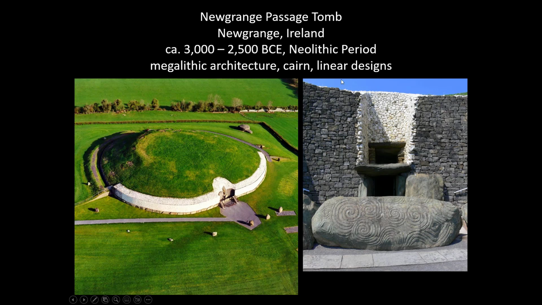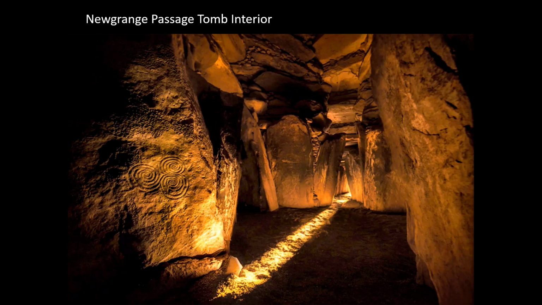So if I can show you, here's a detail of the interior. You can see the spirals replicated. Now, in terms of what these spirals mean, we're not entirely sure. Now, according to that Greek guy with the crazy hair on Ancient Aliens, he thinks these are alien hieroglyphs.